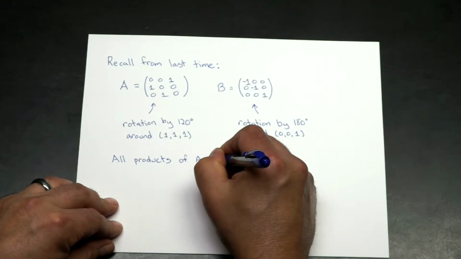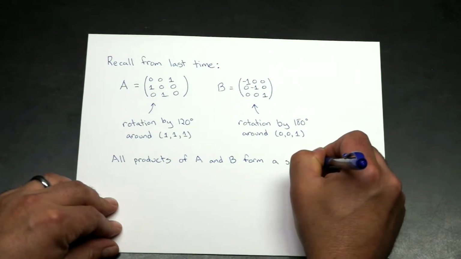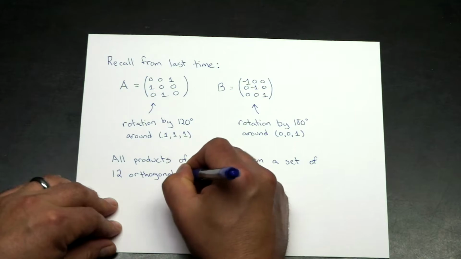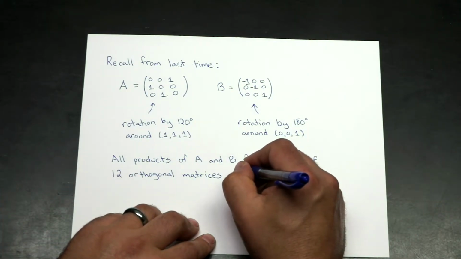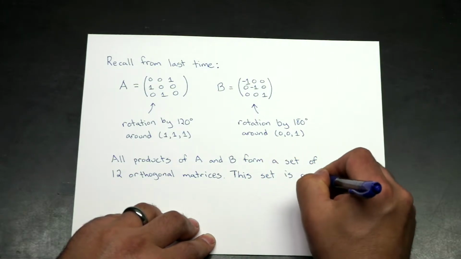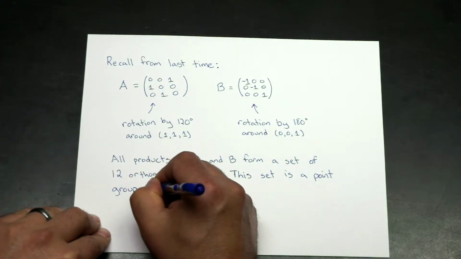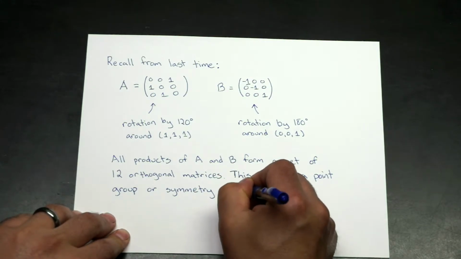All products of A and B form a set of 12 orthogonal matrices. This set is a point group, or symmetry group.